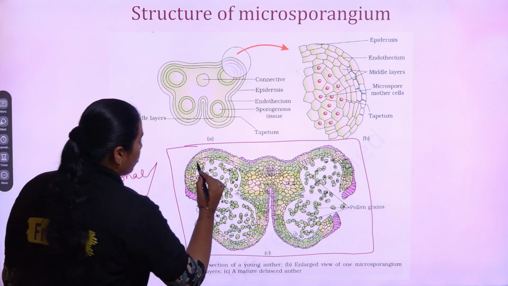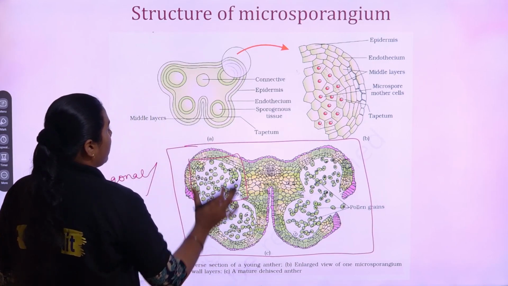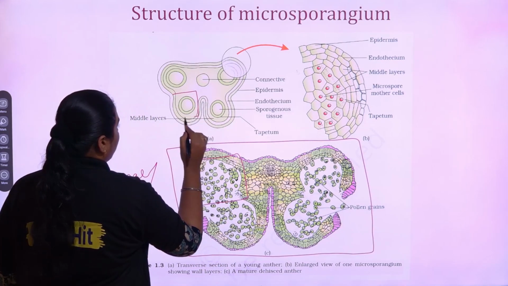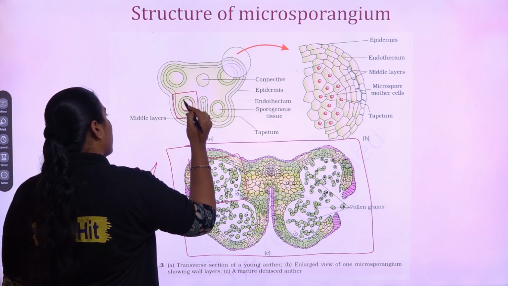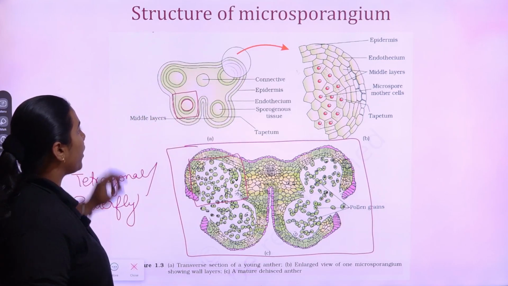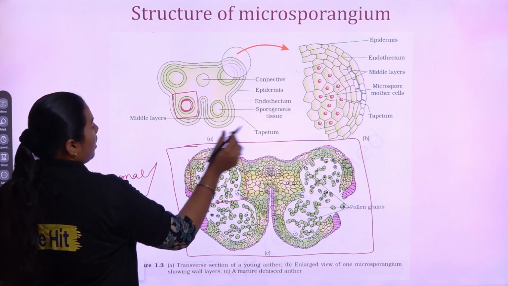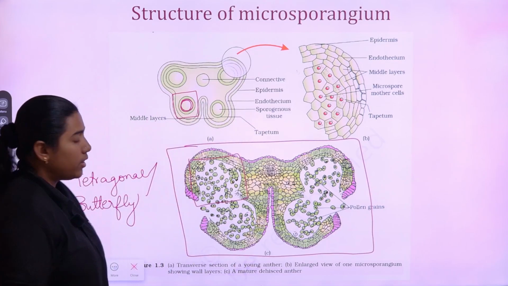But if you just look at the microsporangia, this is distorted, but let's look in this diagram. It is near circular. Though here it's a kind of oval, it changes, but it's near circular. This is the microsporangia.